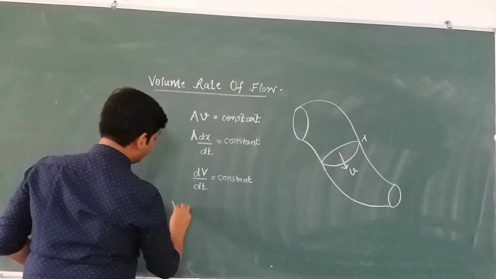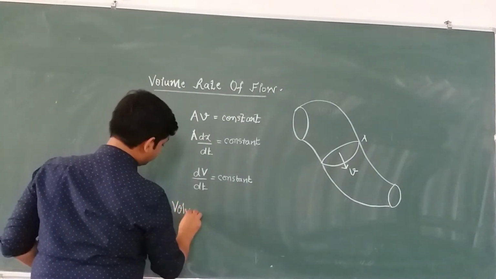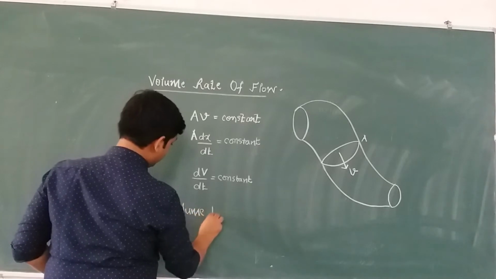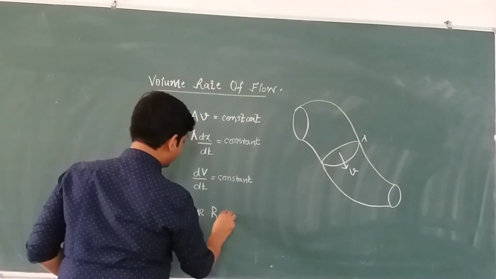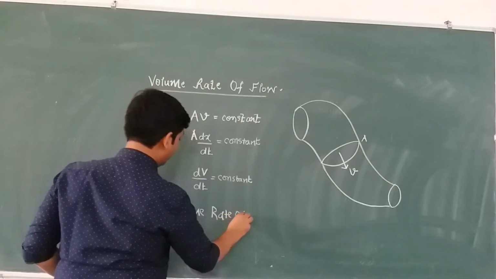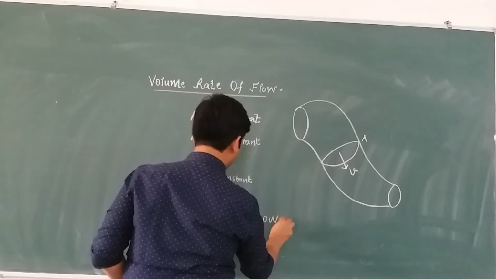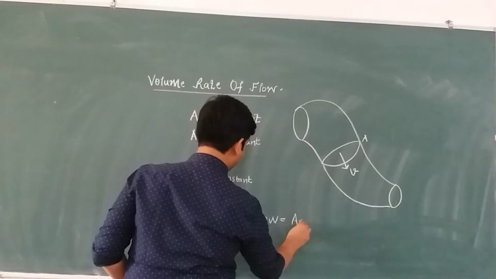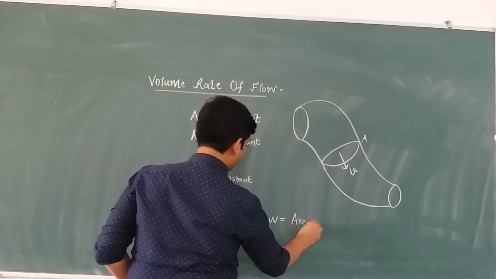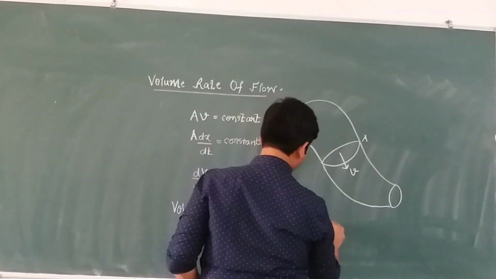Let me write here: volume rate of flow is equal to area into velocity.